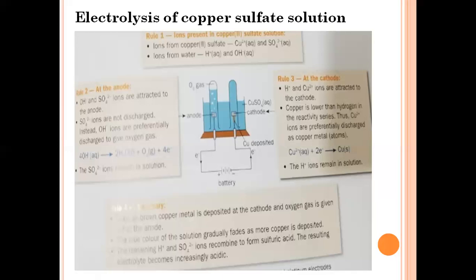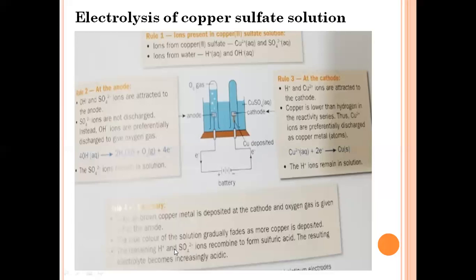So rule number 4, we have to summarize the reaction, what happened at cathode and anode. SO4 2 negative is present in the solution and H positive is present in the solution. But oxygen gas is evolved out and copper is present in the solid form.